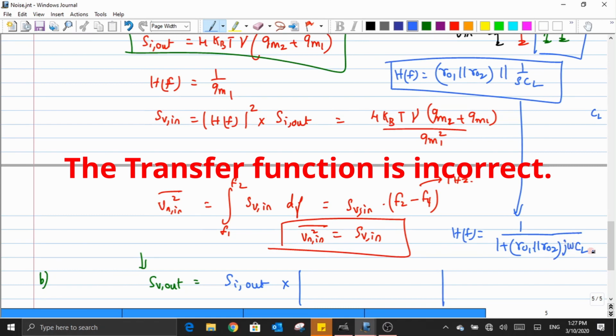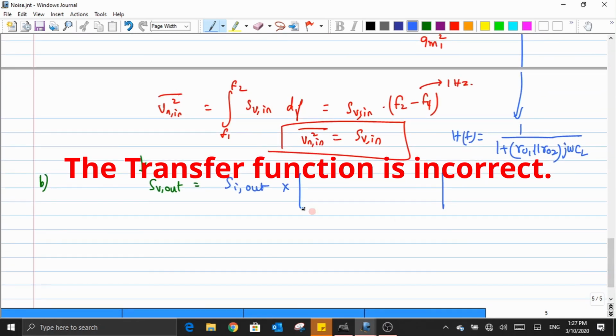And now I'm trying to identify the modulus of this transfer function. Clear? So I have an imaginary term sitting here. There is a real term. So how will I take the modulus of this? 1 divided by square root of real part square plus the imaginary part square, right?